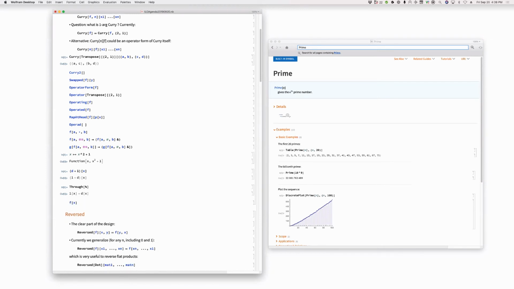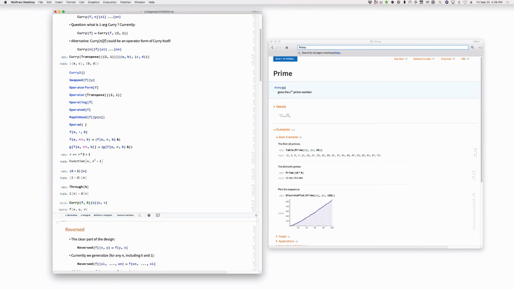It's something like this, where the full function, yeah, the partial function is just curry of f comma 3, for example, and until it's been fed enough, it doesn't, right?